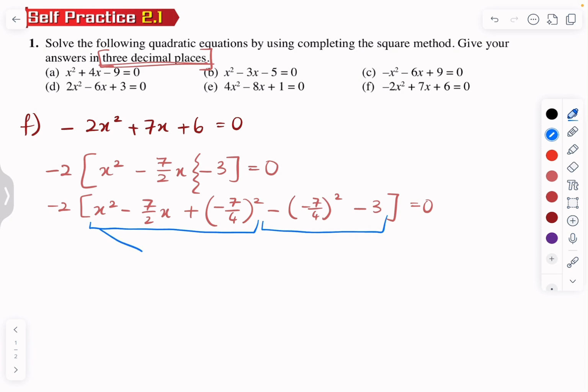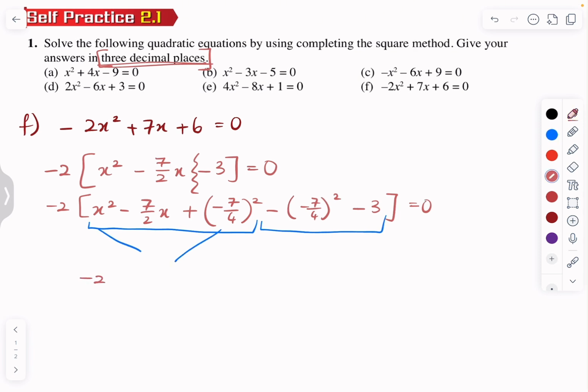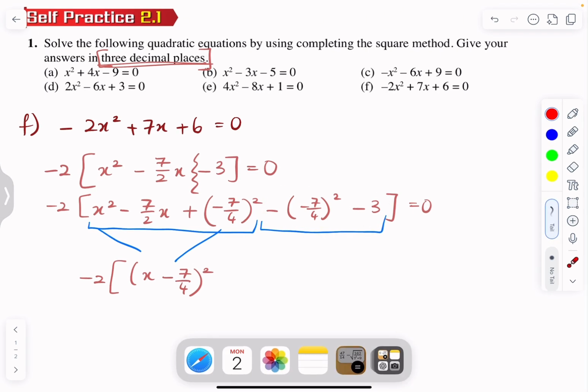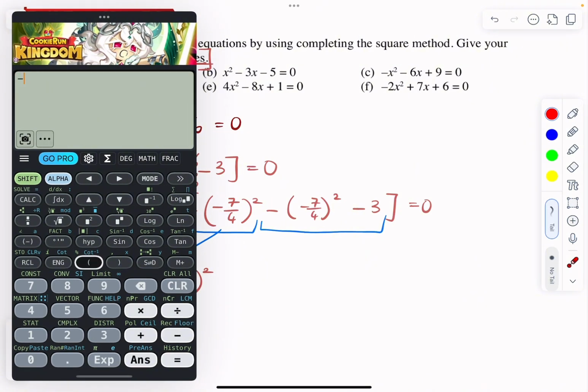Okay. So from the first part, we take out the x and this. So you get negative 2, big bracket, x minus 7 over 4 square. Then the second part, we just put it in our calculator. Negative 7 over 4 square minus 3.